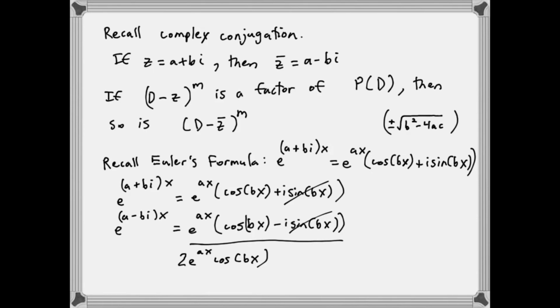So what happened? We just showed that if you add these two imaginary solutions, you actually get something where all of the i's go away. This trick would have worked even if we had an x in front. If there was an x in front of this one and an x in front of this one, we would have had an x in front of that.